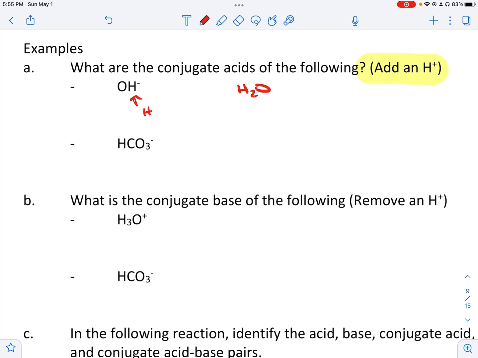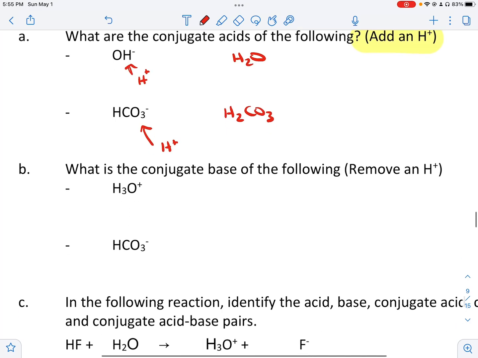Now, if we look at our charges, we have a negative and a positive, so we have a neutral substance now. Okay, awesome. Again, we're going to add an H+. We're going to get H2CO3, and our charge on this one is also neutral. So maybe not our best examples since all of them are neutral, but let's keep looking.